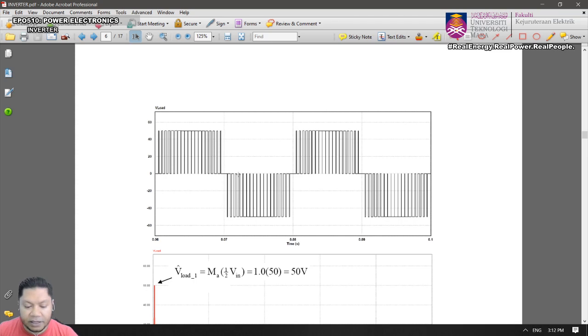This is during S1 on, and this is during S2 on, connected to plus half of the E, and this will be negative half of the E voltage. In this case, because the input voltage is 100, the output becomes 50 volt. It will be connected to 50 volt.